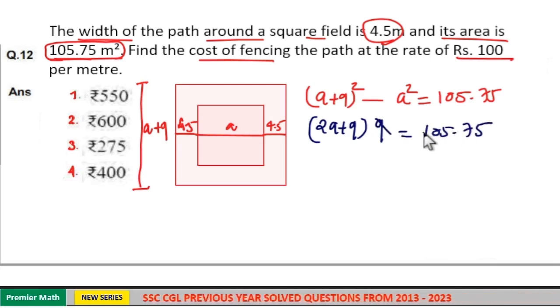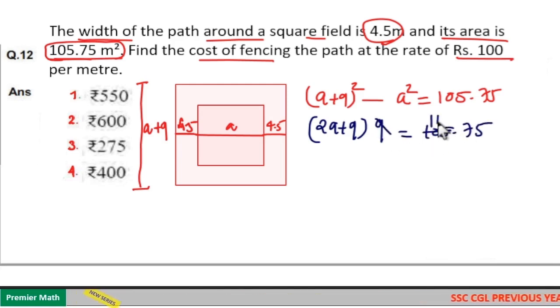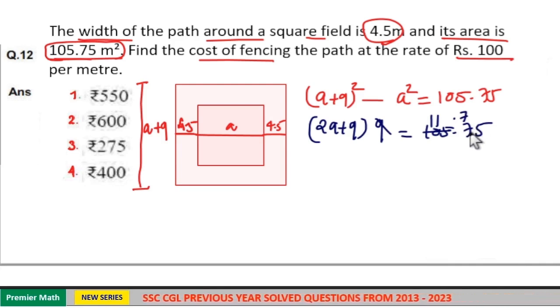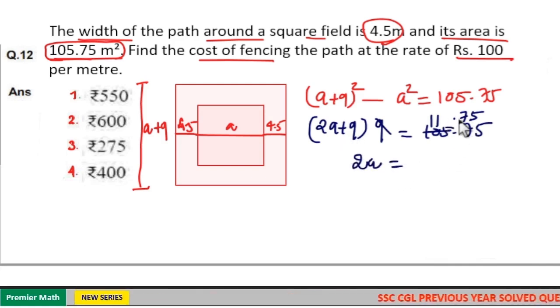Here 9 goes 1 time in 10, 9 goes 1 time in 15, remaining 6, 9 goes 7 times in 63, remaining 45, 9 goes 5 times in 45. So 11.75 is equal to 2a plus 9, means 2a is equal to 11.75 minus 9, that is 2.75.